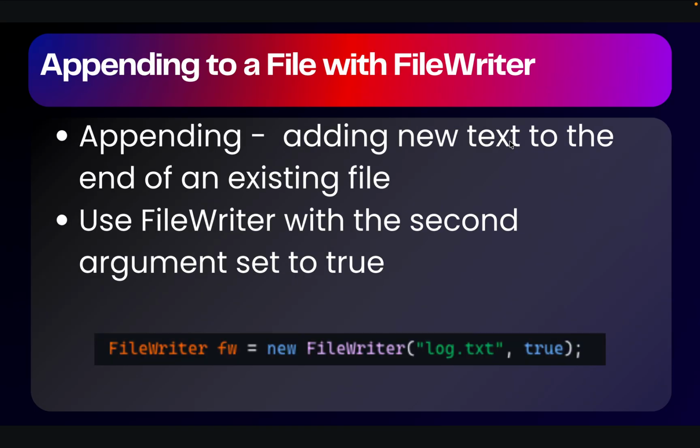Appending means that you're adding some new text to the end of an existing file. So let's say you already have some data in the file and you just want to add a little bit more information to it. Then FileWriter would come in handy, instead of a PrintWriter.